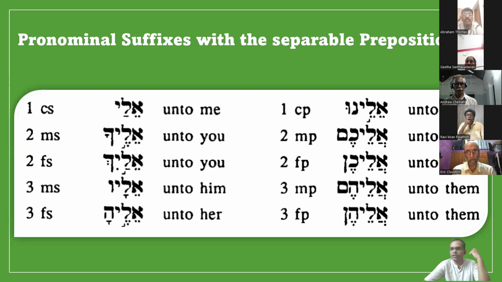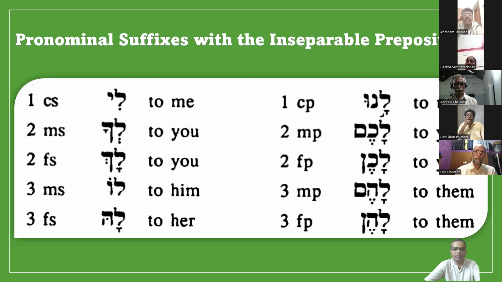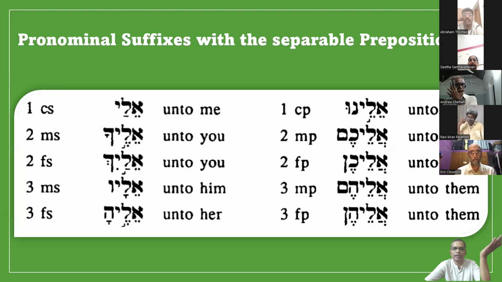Okay, so this you have to memorize completely. Li, laka, lak, lo, la, lanu, lakem, laken, lahem, lahen. Elai, eleka, elaik, elav, eleha, elenu, alekem, aleken, alehem, alehen. All right, with the meaning.